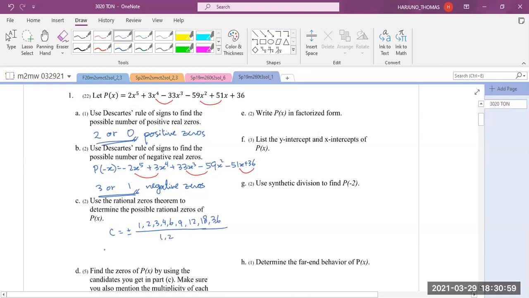So the possible rational zeros will be plus or minus 1, 2, 3, 4, 6, 9, 12, 18, 36, plus or minus 1/2. 2/2 is 1, we already have that. Plus or minus 3/2, plus or minus 9/2. And that's all. 18/2 is 9, right? So I don't need to list that anymore.